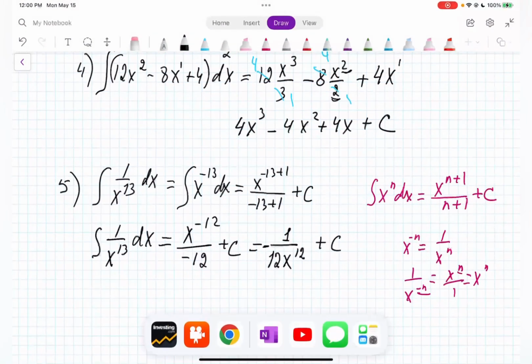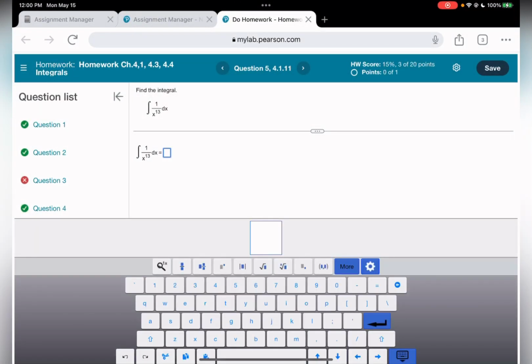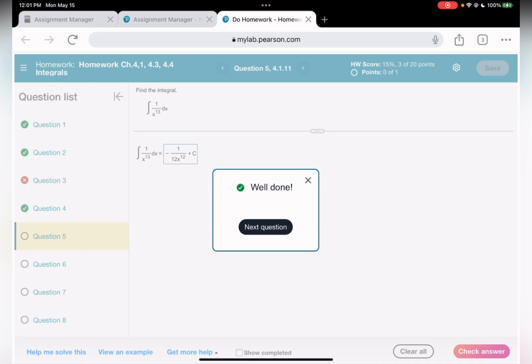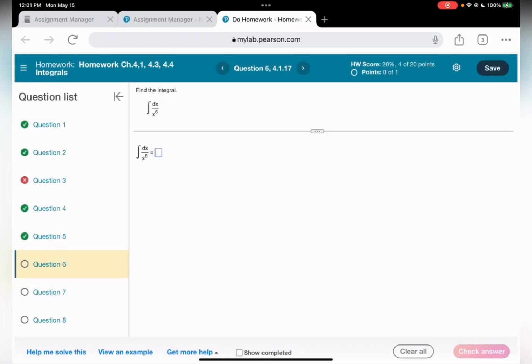Let me write it down. So it's going to be negative 1 over 12 x to the power 12, plus uppercase C. Well done.